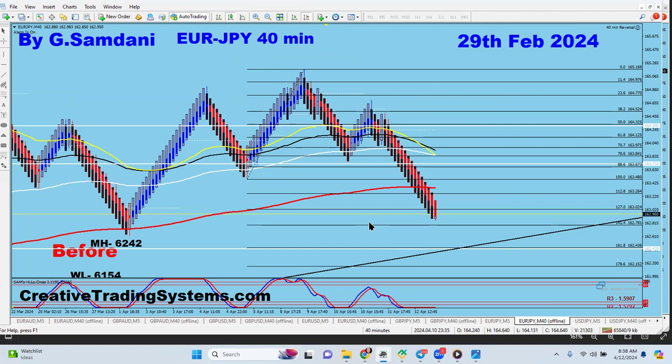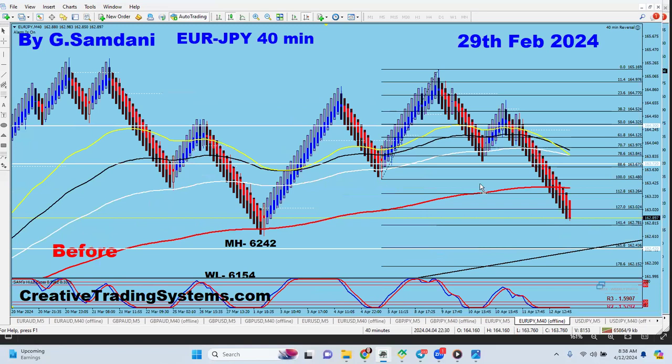Then you look at those pairs for any kind of setup, just like this one. It had 78, 38 and was sitting there ready to drop. As soon as the news came out, boom, it started. You will find a lot of pairs or commodities that make these setups on my 40-minute chart all the time, and you can easily take these.